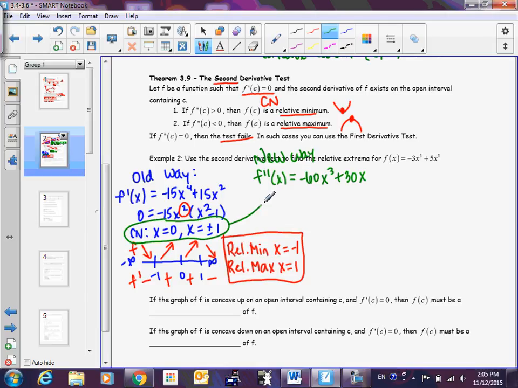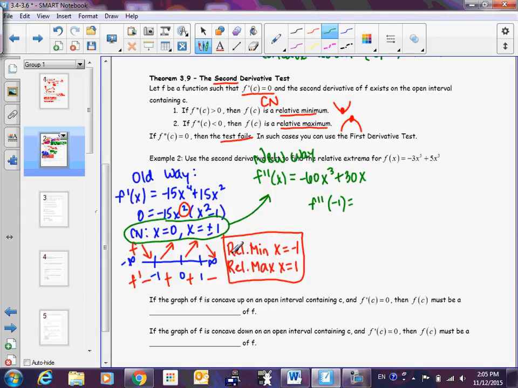And we're going to take our critical numbers and we're going to plug them in to the second derivative. In other words, I'm going to do f double prime, and I'll just start least to greatest. f double prime of -1. And I'm going to calculate this. If the result is positive or negative, that will then tell me if that is a min or a max.